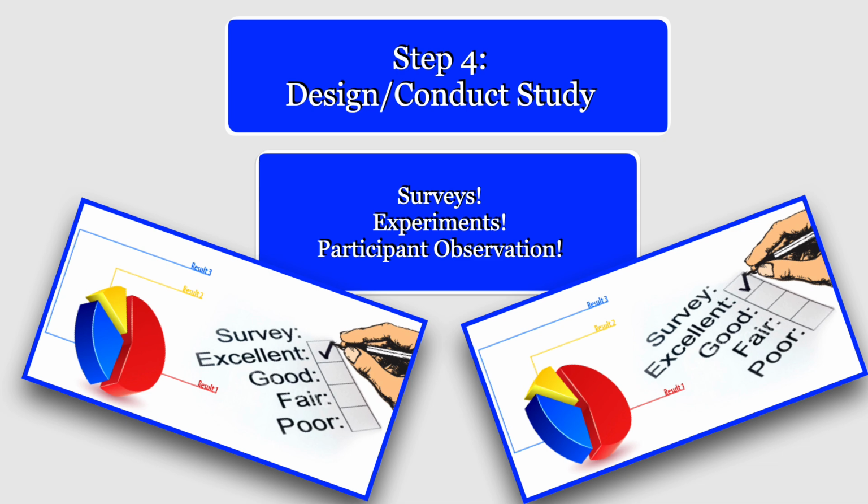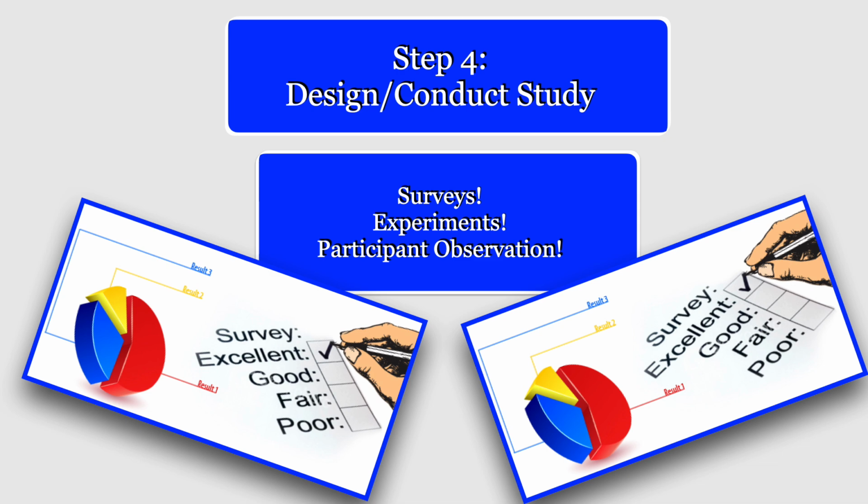and what are the differences between those two groups. And then lastly, we can engage in participant observation or ethnography if you are in the anthropology field. And this is basically where we go out and we become a member of whatever group we're interested in learning more about, hence the term participant.